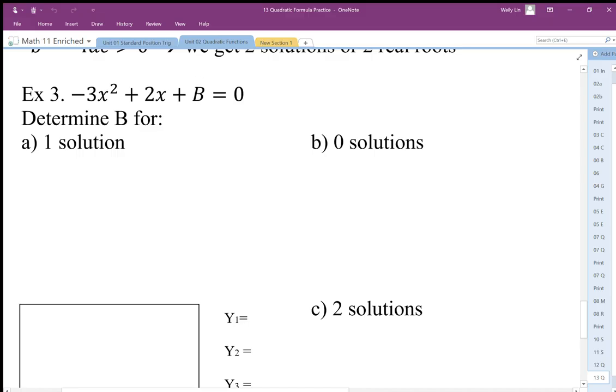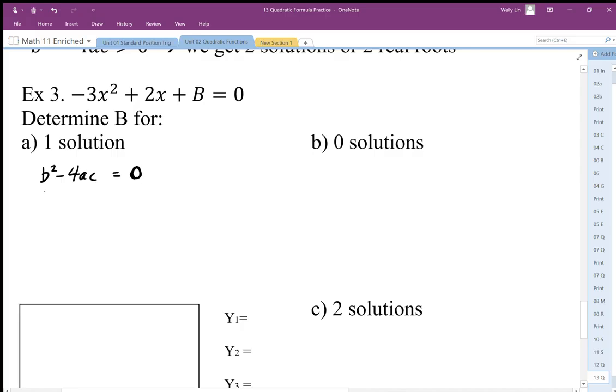So we can do this physically on our graph, but we can also do this algebraically, because we can say that if it's one solution, the discriminant b squared minus 4ac must be equal to 0. So we have plus minus 0, which gives us one solution.